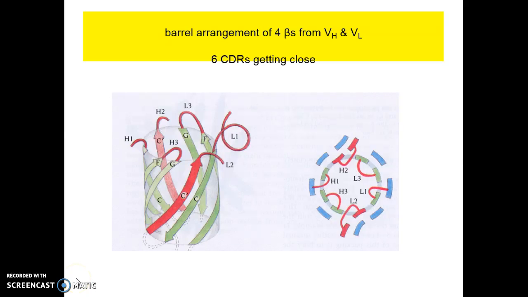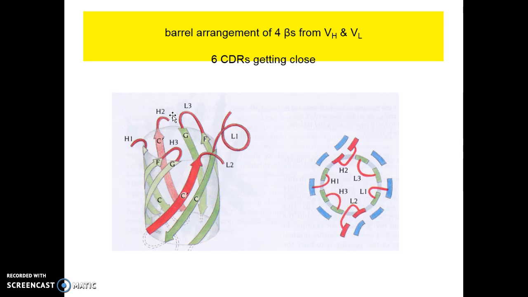The curvature of the 5-stranded beta sheet is such that they do not pack tightly against each other. Instead, each sheet forms half a barrel, where the 6 CDR loops are positioned at the same end of the barrel. This one.